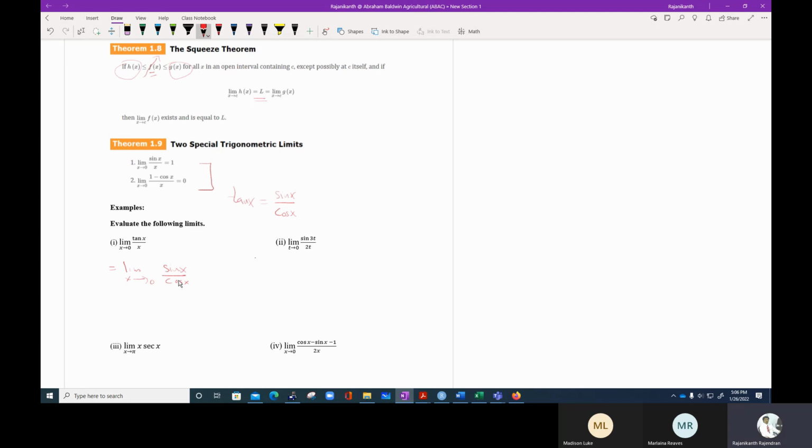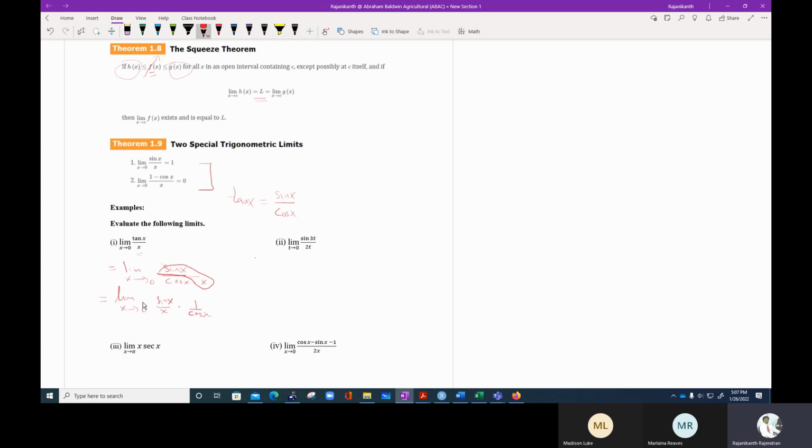Okay, but anyway, there's x in the denominator, so I'm writing that x also. So now this could be written as the limit as x goes to 0. So you could separate these two together, times, so you could write 1 over cosine x separately.